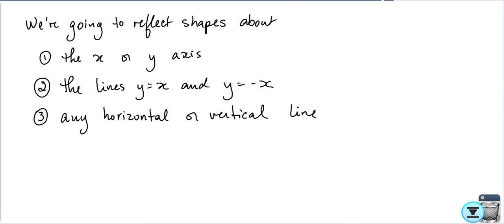Horizontal lines are going to be in the form y equals a constant, while vertical lines are going to be in the form x equals a constant. Alright, so those are going to be our reflections. Today, I'm going to focus on number 1, how to reflect a shape about the x and y axis.